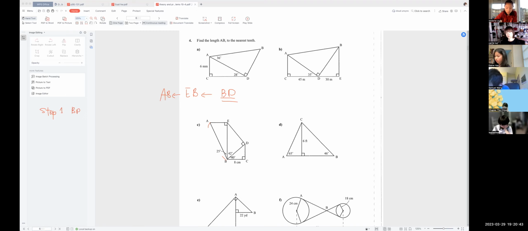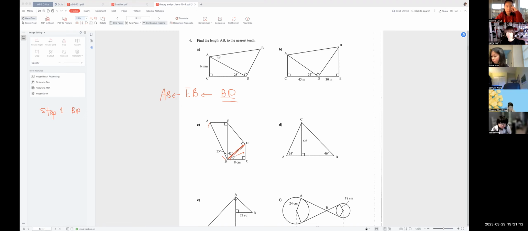In order to find BD, this red line, in triangle BCD, BD is the hypotenuse. And BC, for angle 40, is adjacent. Very good, because CD is opposite and BC is adjacent.